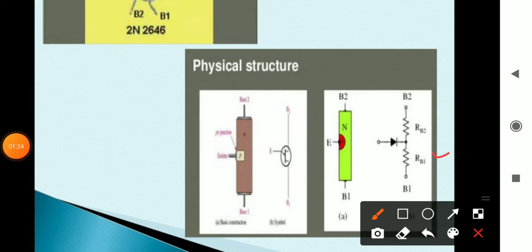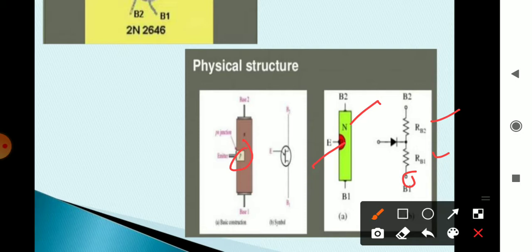This N region is lightly doped, and here in red color is the P region, which is heavily doped and alloyed to the N region. You can see this is the P region and the slab is the N region. The N region is lightly doped and the P region is heavily doped.